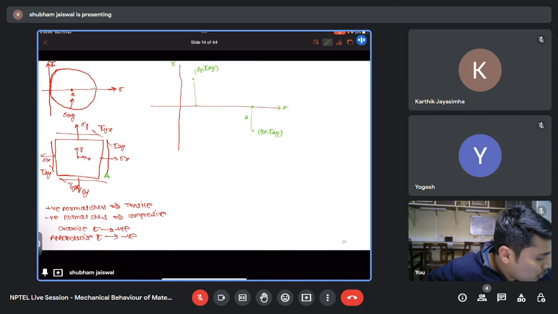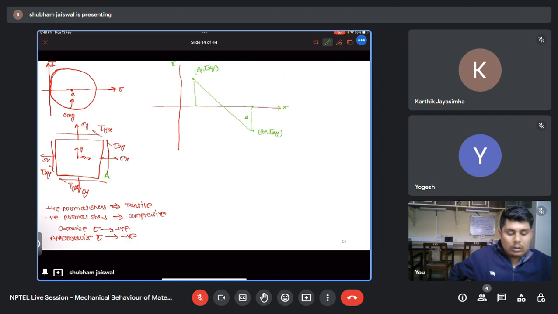So now if I join these 2 points, here this is point A and this is point B. So now if I draw a circle by taking the center as C and radius as CB or CA, I will draw a circle.